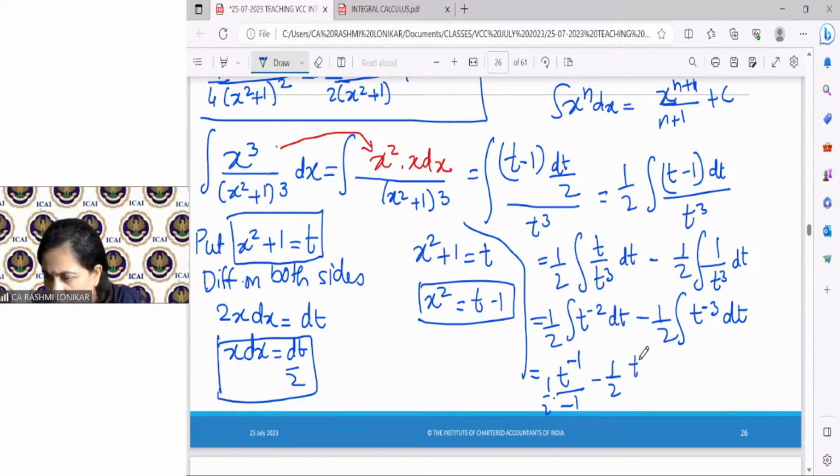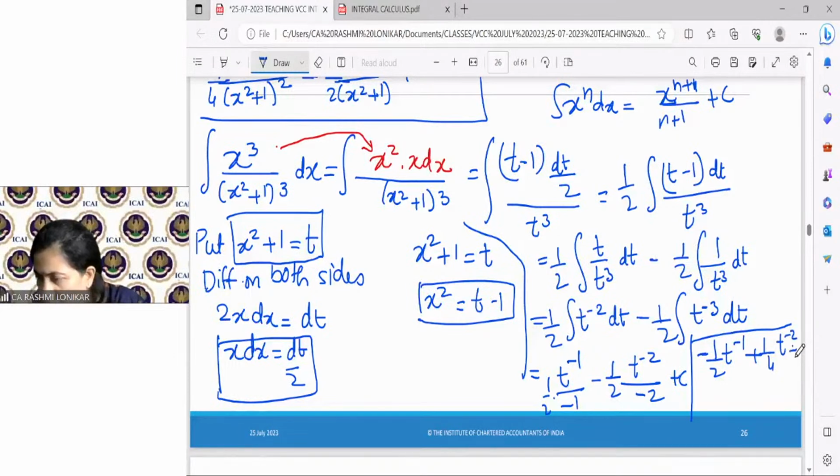Minus 1 half t raised to minus 2 upon minus 2 plus c. Now this is 1 half with a minus sign. So this is minus 1 half t raised to minus 1 plus 1 by 4 t raised to minus 2 plus c.